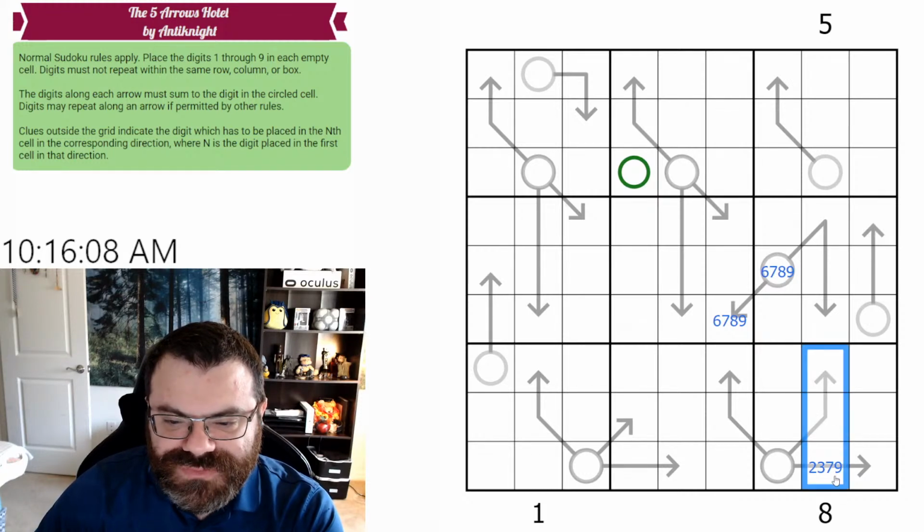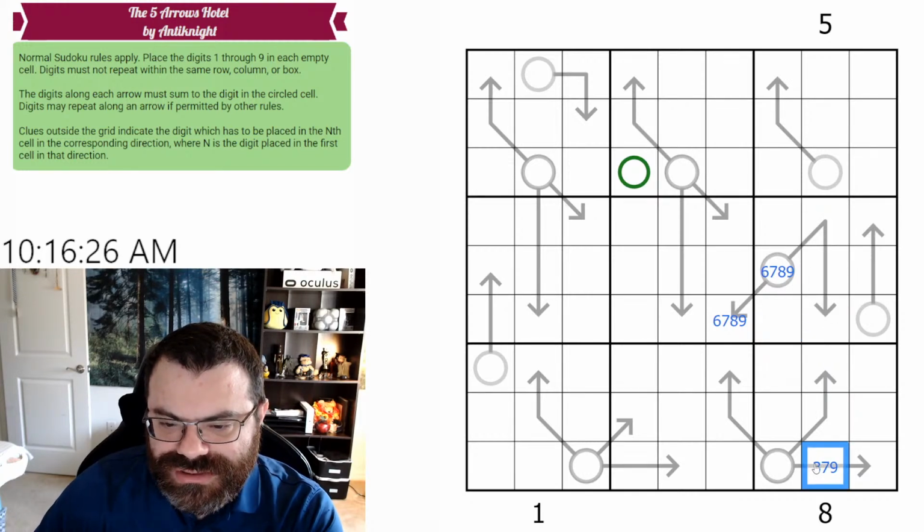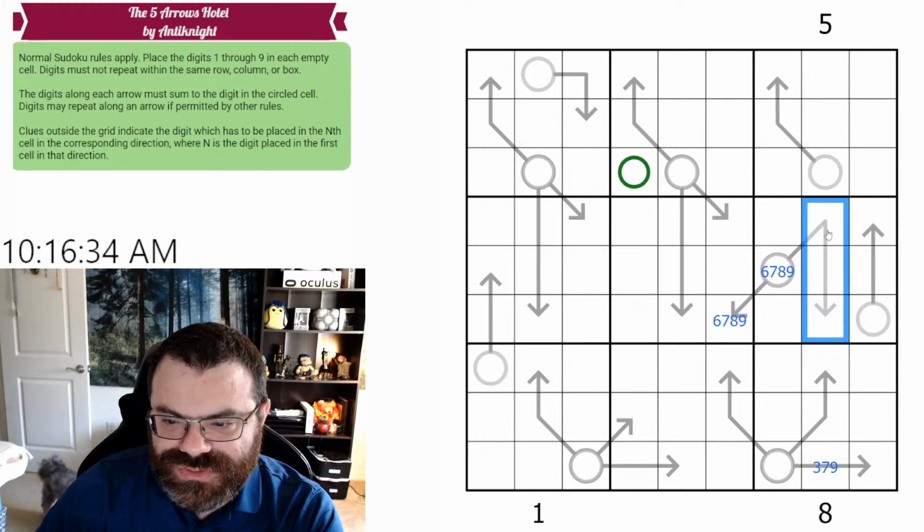Okay, so actually one thing we can say here is that this has at least one of 1 or 2, because 3, 4, 5 does add to 12, so that's too big. So if I did 2, 8, 1, that just breaks this entirely. So I can't do 2, 8, 1. 3, 8, 1 would force 1 and 3 to be used, so this would be 2, 4, 5, and that's still too big.